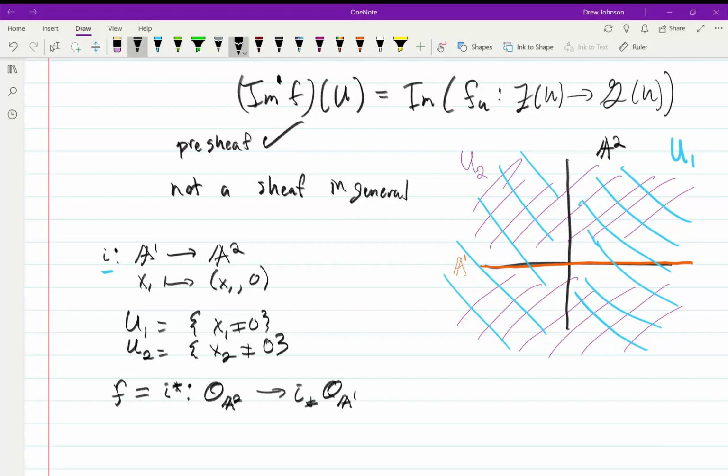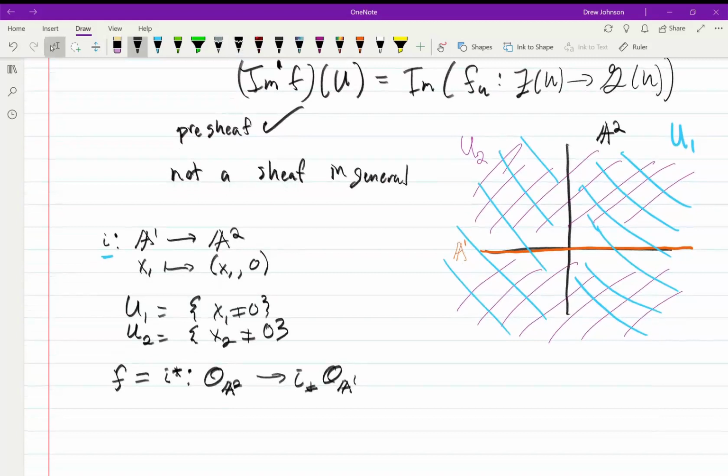Remember, we defined the pushforward sheaf last time, and we also talked about how morphisms of schemes give a map from the sheaf in the target to the pushforward of the sheaf in the source, and that's exactly what's going on in here. And remember, this is just restriction, so it takes a regular function on affine space A2 and restricts it to the line here. But because of this pushforward, we're viewing the restriction now as a sheaf on A2. Okay, so that's what we're doing here.